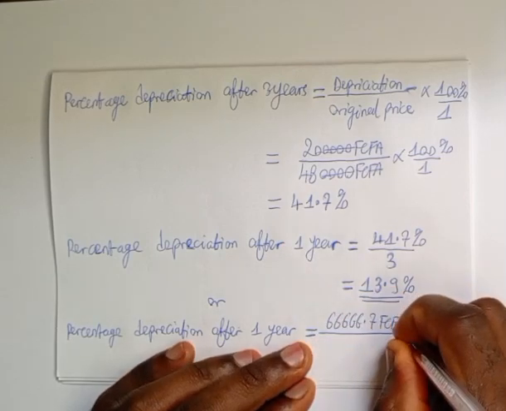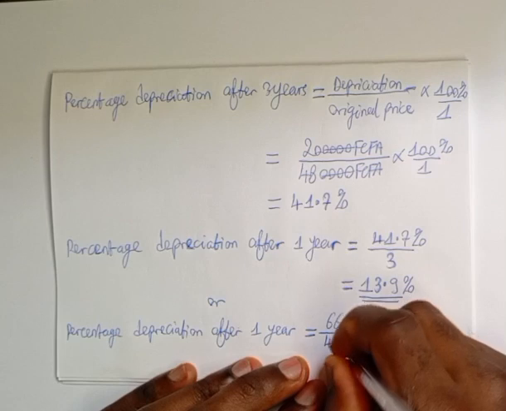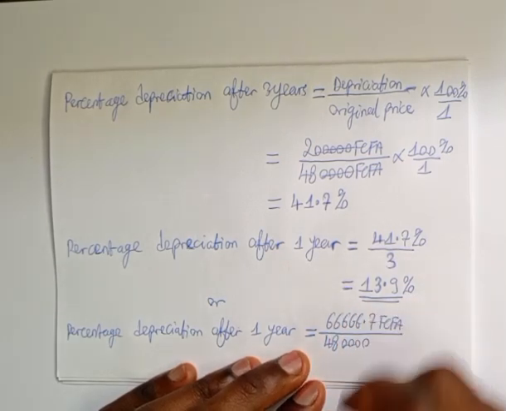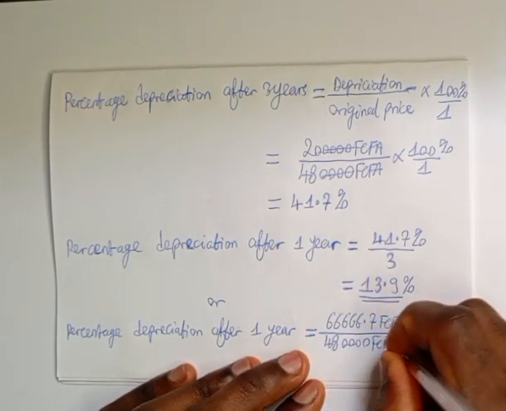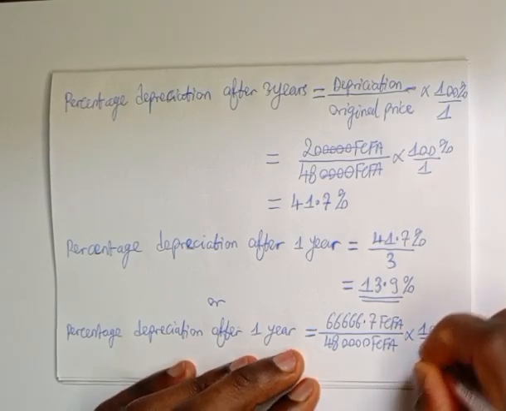Then we divide by the original price, which is 480,000 francs CFA times 100% over 1.